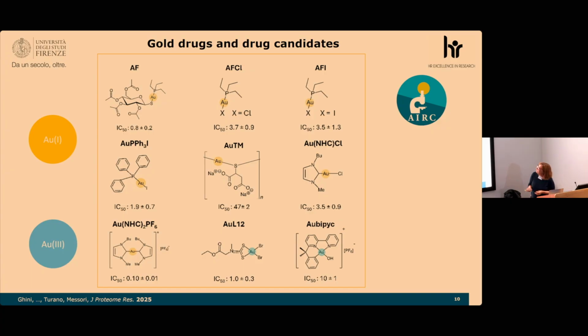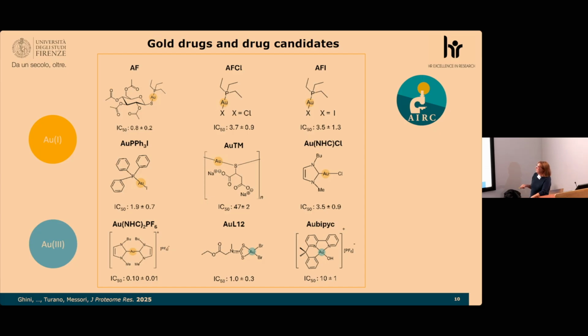For us, more important was to look at a series of gold drugs that are developed by the Department of Chemistry. They include drugs which are FDA approved and new candidate drugs where people are playing with different ligands and so on. And they include gold 1 in yellow and gold 3 derivatives.